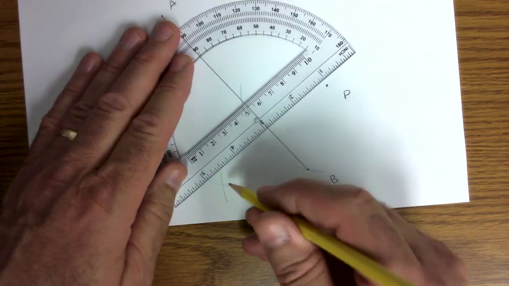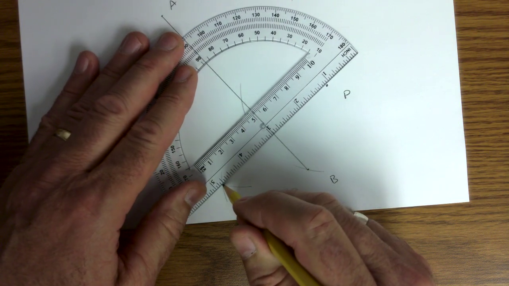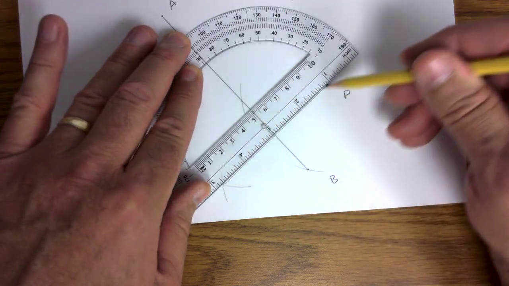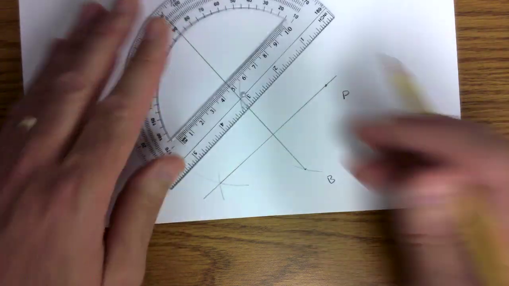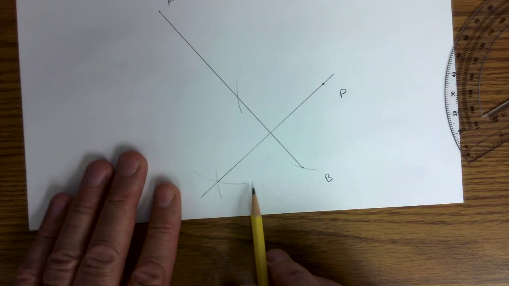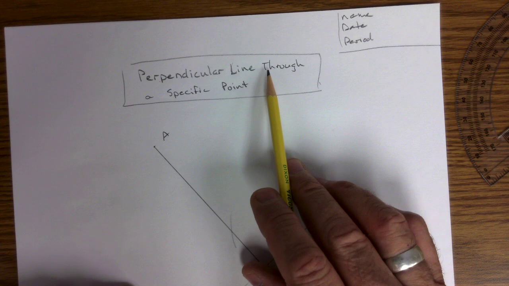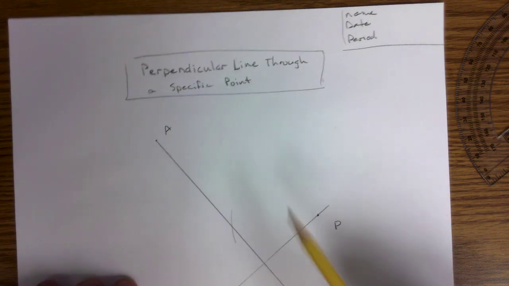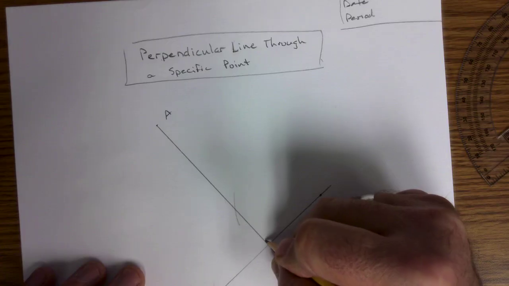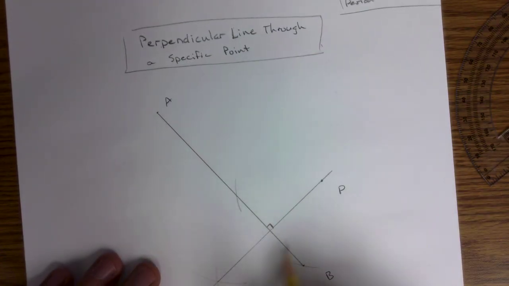But I'm going to hold my pencil here and rotate until I'm on P, and I connect these. All right. So that's how, using a compass, you can make a line perpendicular to another line going through a specific point, and then put your perpendicular mark on any one of those intersections.